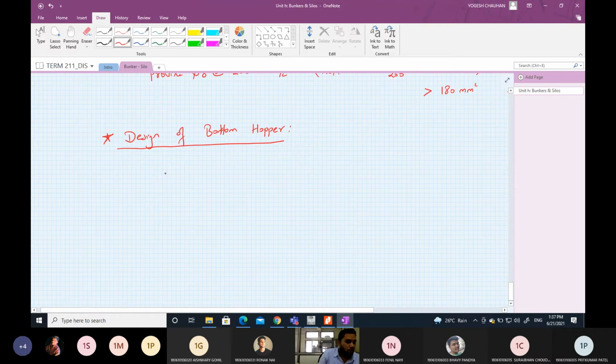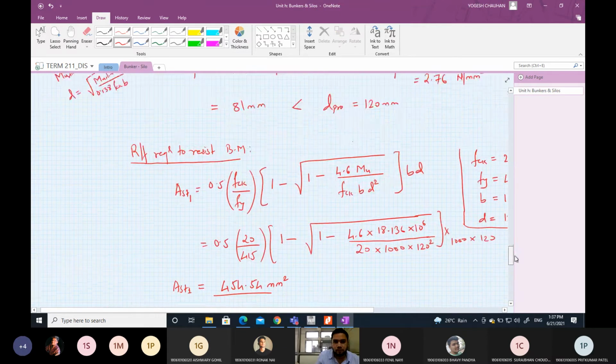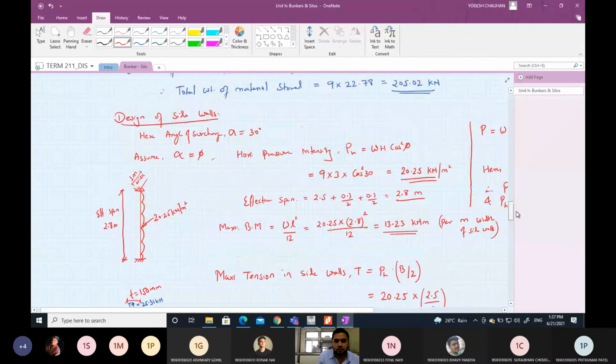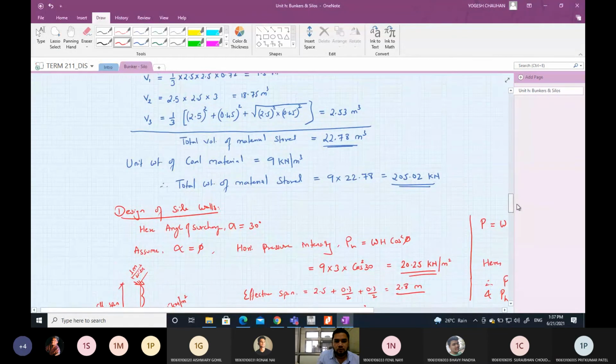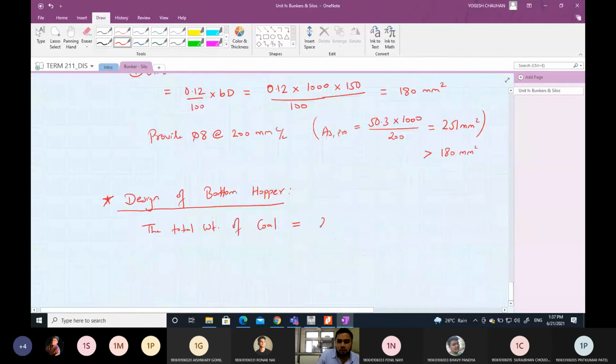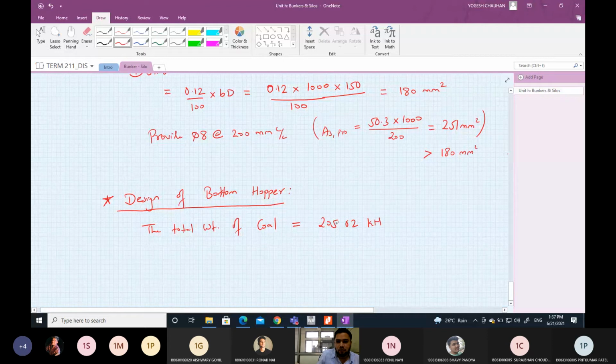Now, the total weight of coal is equal to 205.02 kilonewton.